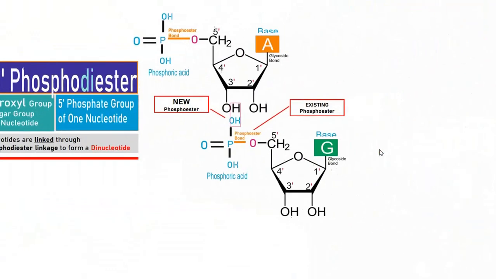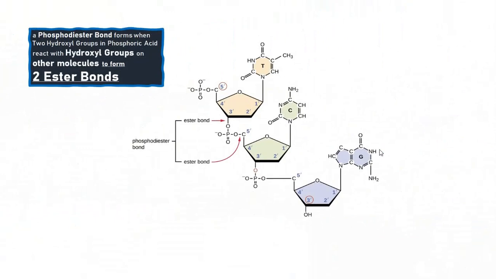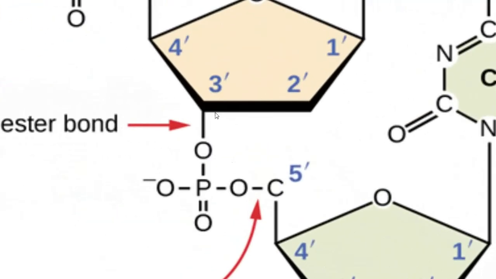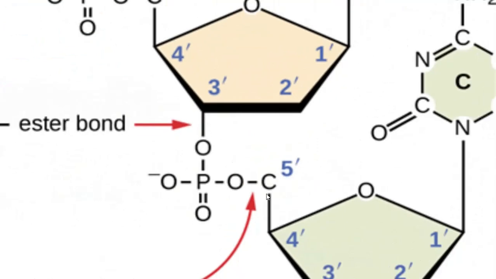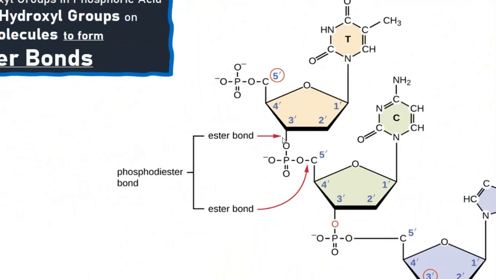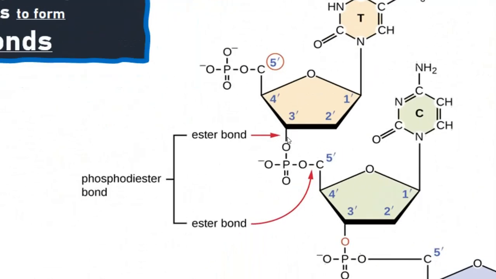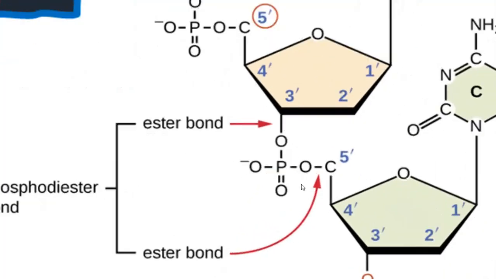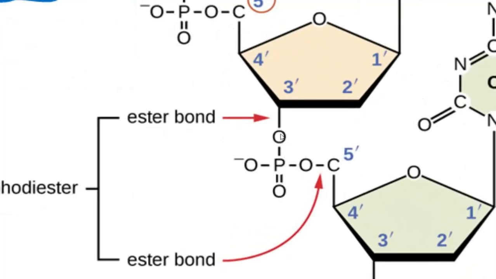Now let us see how this bond is formed. This is one phosphoester bond, the new bond, and this is the existing bond from the formation of the nucleotide. So these two phosphoester bonds are present between the two nucleotides, the ester bond here and the phosphoester bond here. These two phosphoester bonds are linking the adjacent nucleotides.